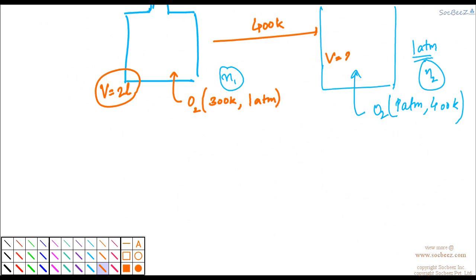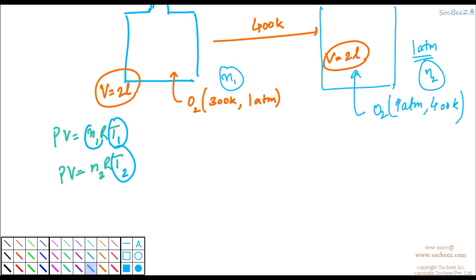So the equation is PV equals N1 RT1 for the first case. Similarly, PV equals N2 RT2 for the second case. Temperature has changed, moles have changed, nothing else has changed because the pressure is both times 1 atm, and volume has remained constant. So we can say that N1 T1 is equal to N2 T2, right?